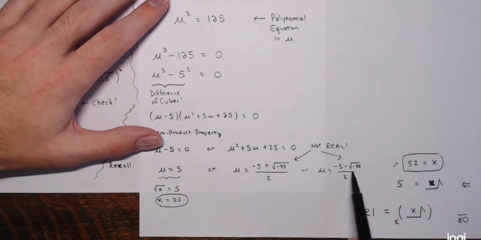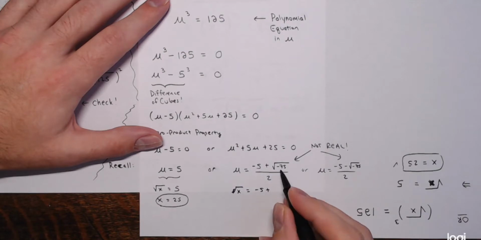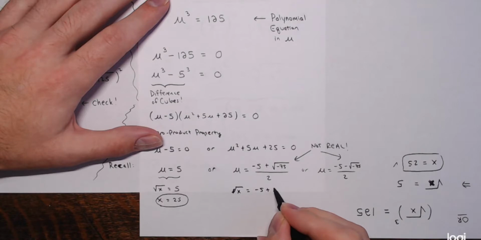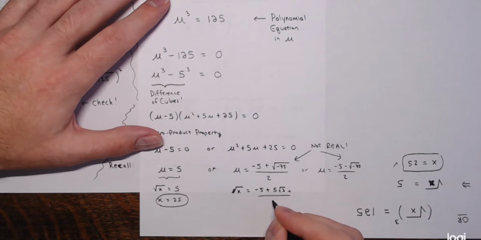we could try to keep on with these. This would be the square root of x equals negative 5 plus, and then I would write the square root of negative 75 as 5 times the square root of 3, right? That's the square root of positive 75 simplified, times i, right? And then divided by 2. And we square both sides of this, square the numerator, square the denominator.